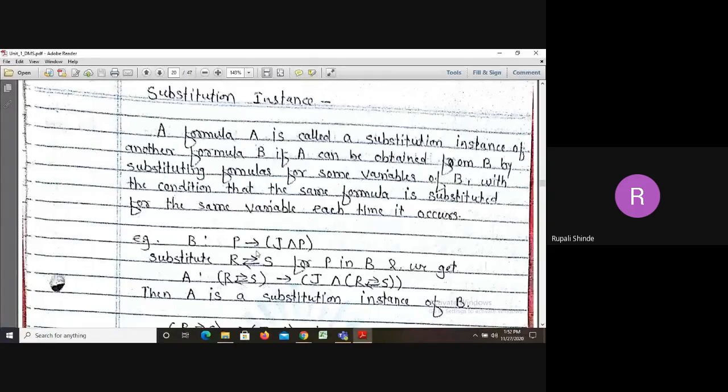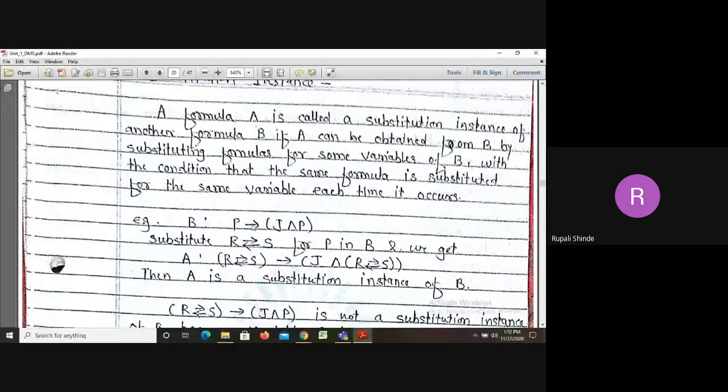R biconditional S, conditional Q, and R biconditional S. So we replaced both occurrences with the same formula. Then only this A is called a substitution instance of B.